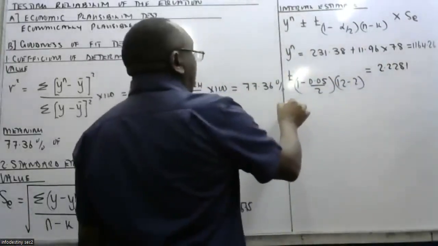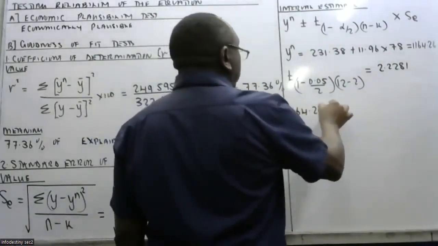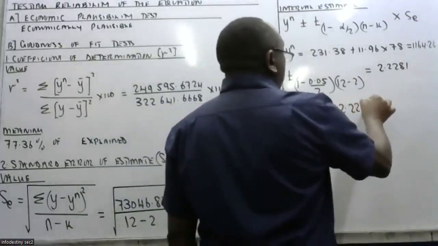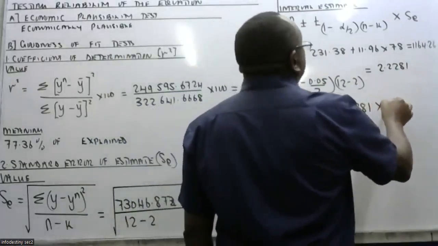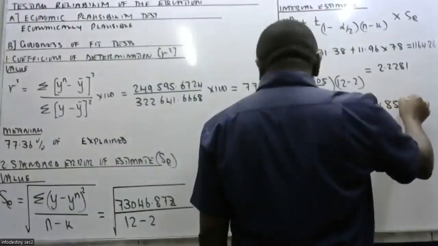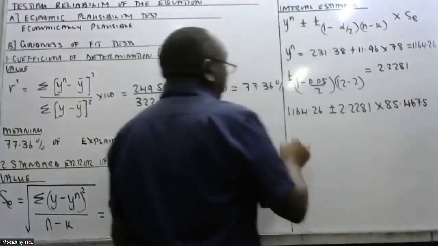So then we are going to have 1164.26 plus or minus 2.2281 multiplied by SE, which is 85.4675.